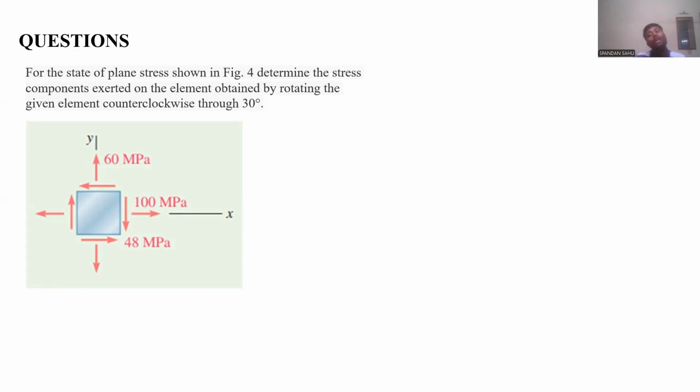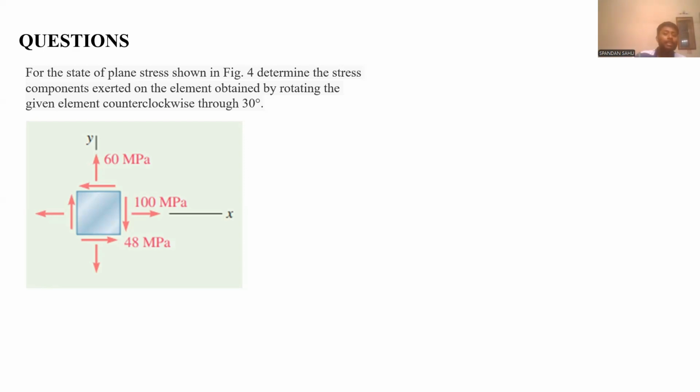That means you have to calculate sigma x prime, sigma y prime, and tau xy prime when this element is rotated 30° counterclockwise.